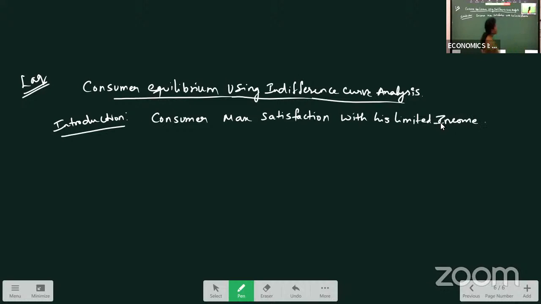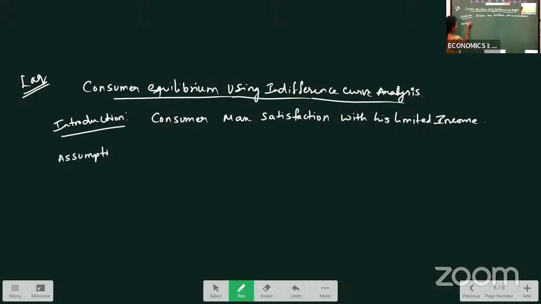Consumer tries to get the maximum satisfaction with his limited income, because now in economics what we study, limited resources, maximum utilization, same thing. Consumer also, he is having limited income. With that limited income, he wants to get maximum satisfaction. So how that is possible, we will explain within this law. So to explain this law, again, we make certain assumptions here.